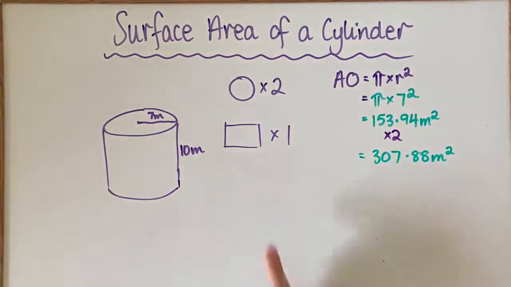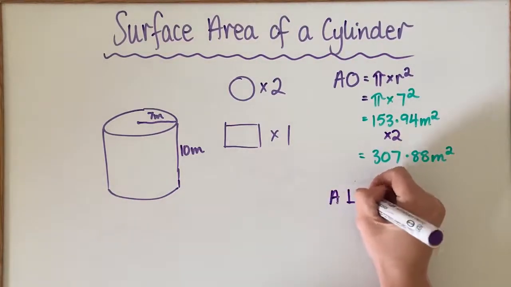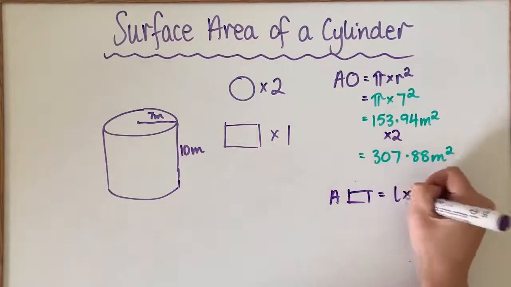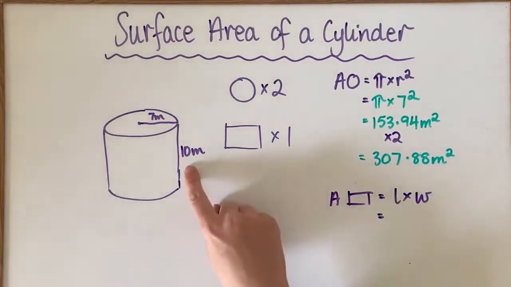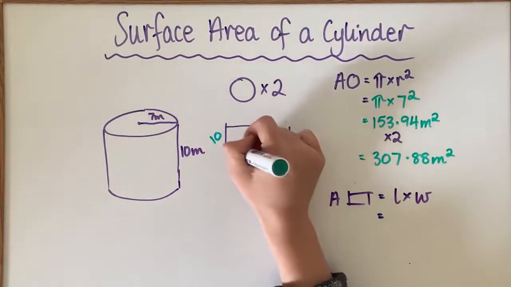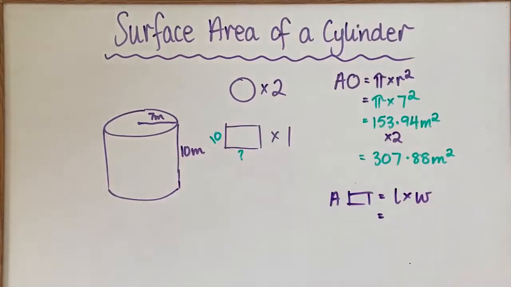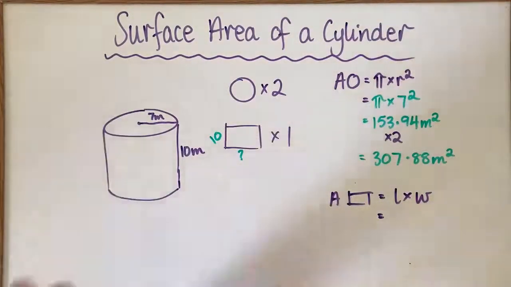Now what I need to do is find the area of the rectangle, but I would use length times width. I know what one of my measurements is because that is going to be the height, but I don't know what this measurement is here. Now I already said that with this piece of paper, this measurement running this way is the same as the circumference of the circle.